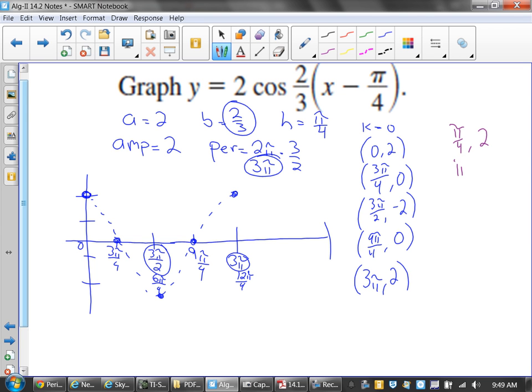Pi. 3 pi over 2, which we've already written as 6 pi over 4, add a pi over 4, we get 7 pi over 4. 9 pi over 4, add a pi over 4, we get 10 pi over 4, which is 5 pi over 2.